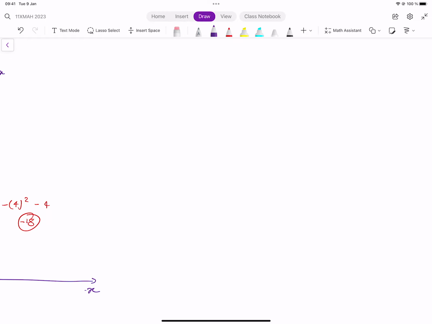So this is exercise 706, and we're going to do question 1e. f of x equals 3x minus 4 and g of x equals x squared plus x.